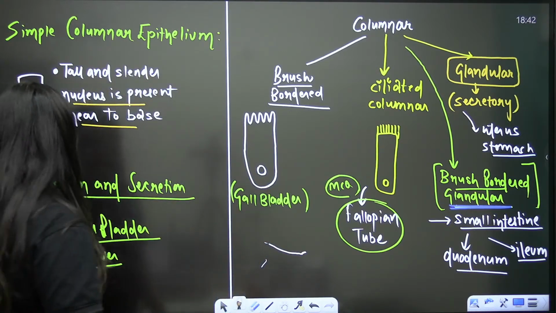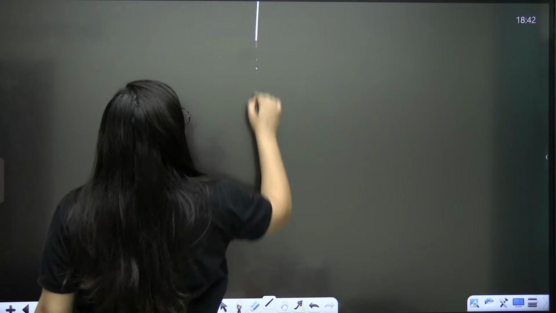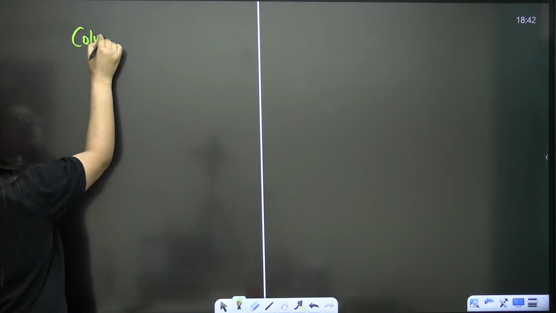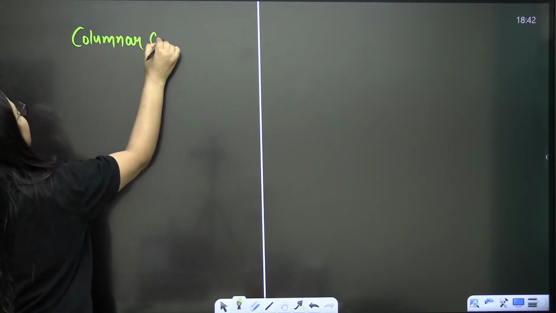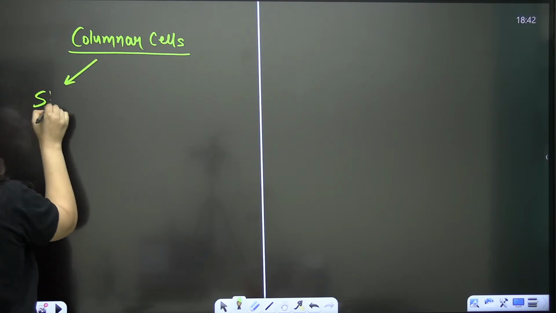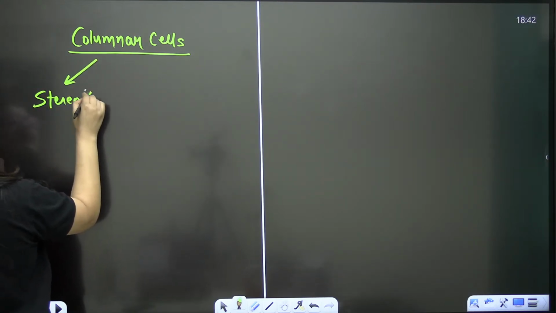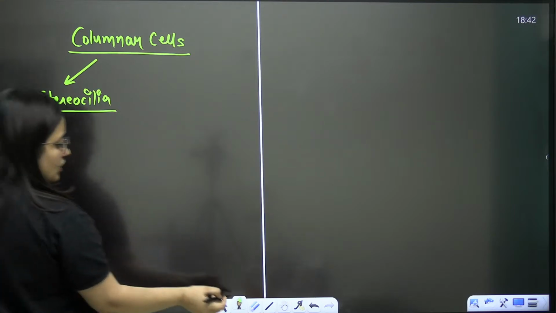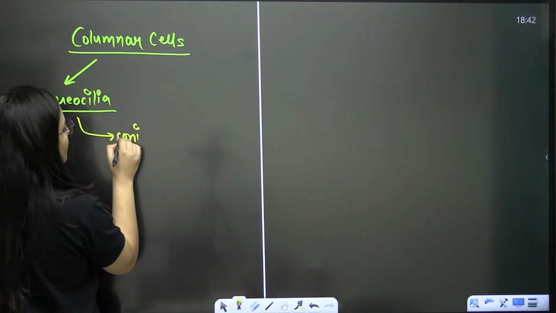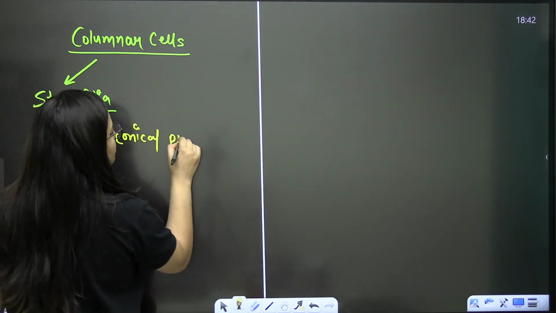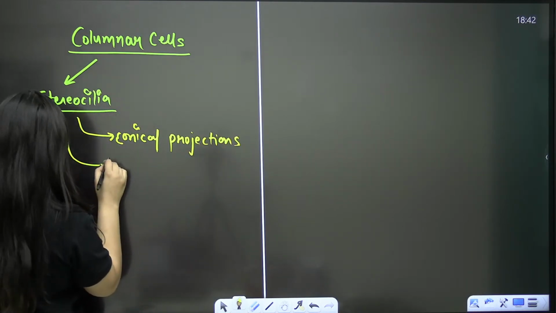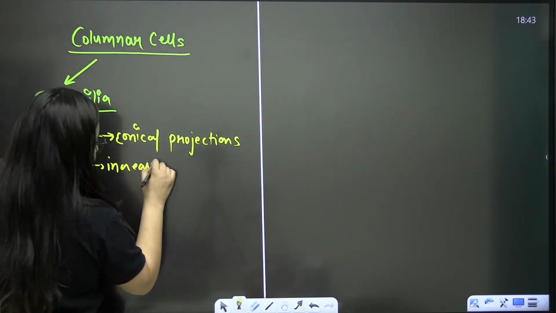And one more modification is there in the case of columnar cells. They have the stereocilia. Stereocilia are basically conical projections. They also increase the surface area.